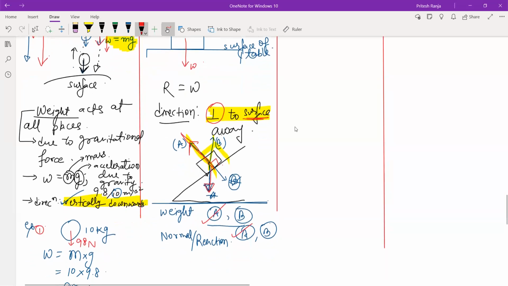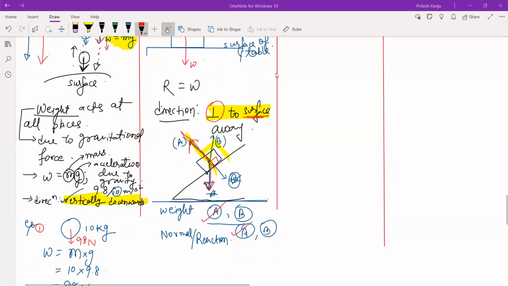Okay, then you all will again tell me, can I say in this case that weight is equal to normal force or reaction force?